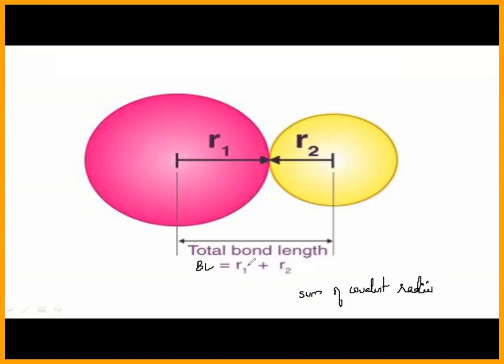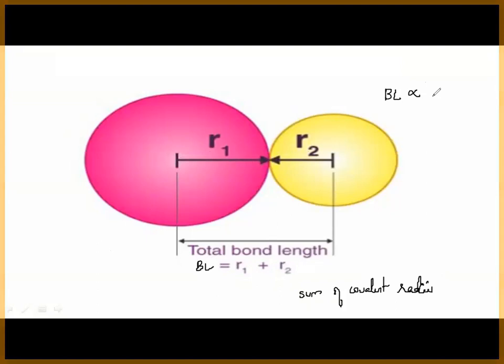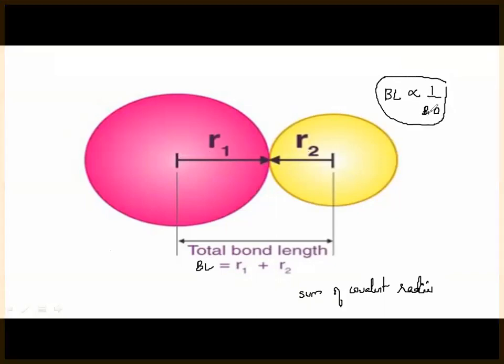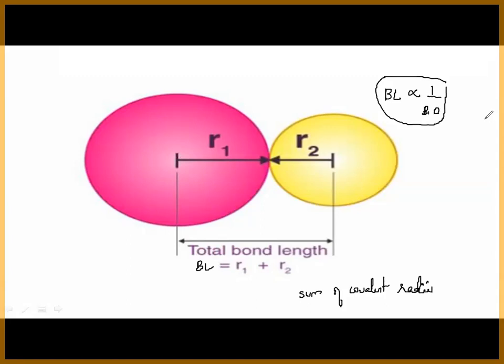So for covalent bonds, the bond length is inversely proportional to bond order. I'll tell you what this is when we discuss what bond order is first. Shorter bonds are accompanied by a stronger force of attraction holding the atoms together.